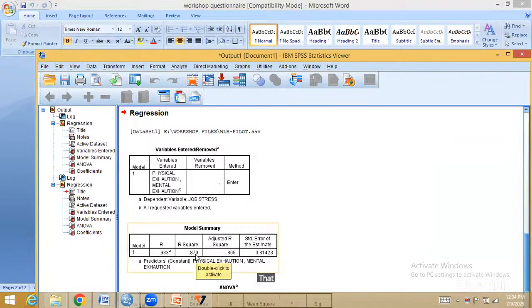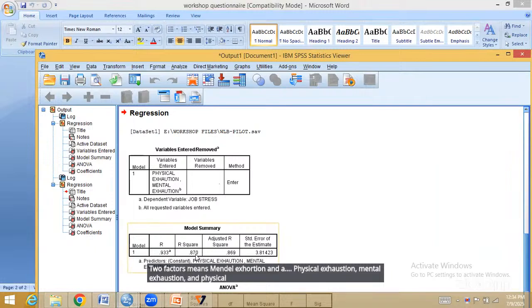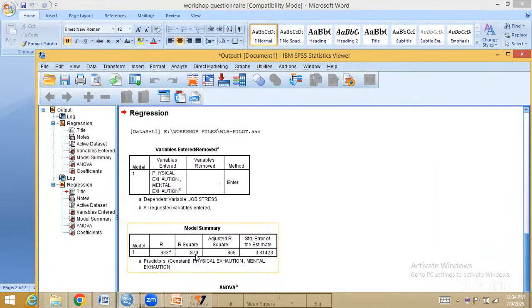That means 87% of the influence or impact on job stress is due to two factors. Two factors means mental exhaustion and physical exhaustion. Mental exhaustion and physical exhaustion together have 87% influence on job stress.